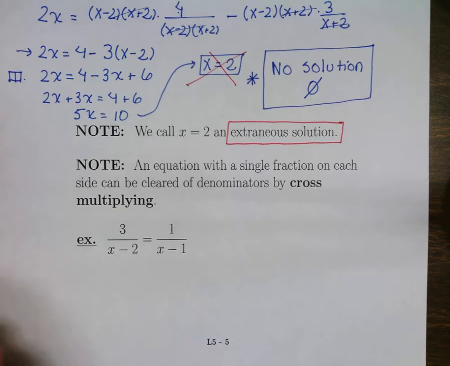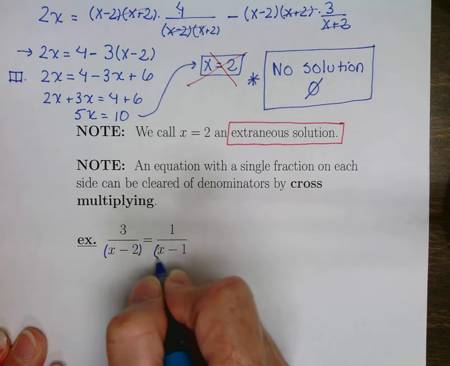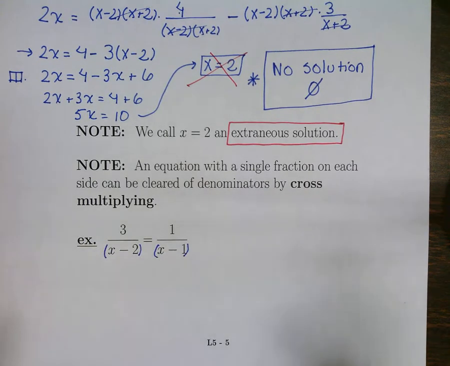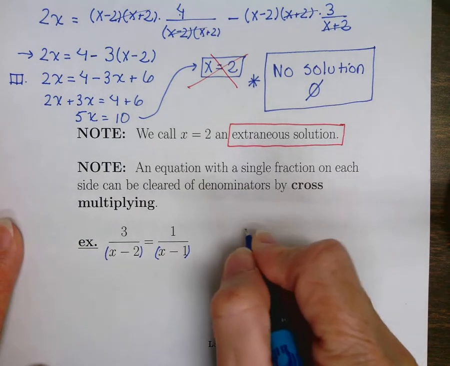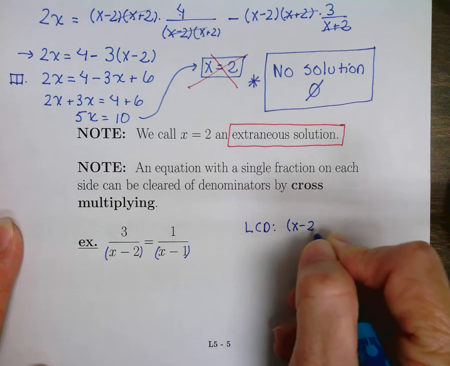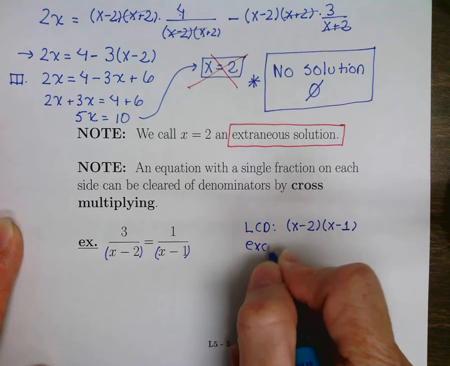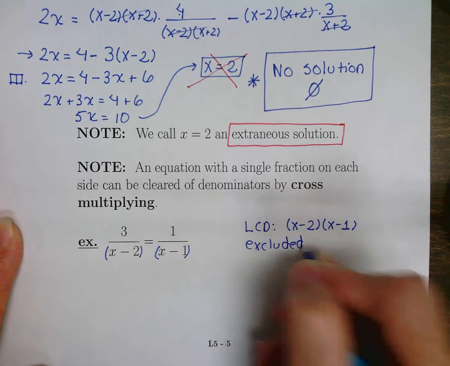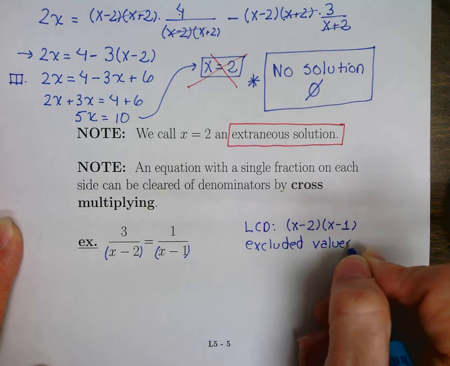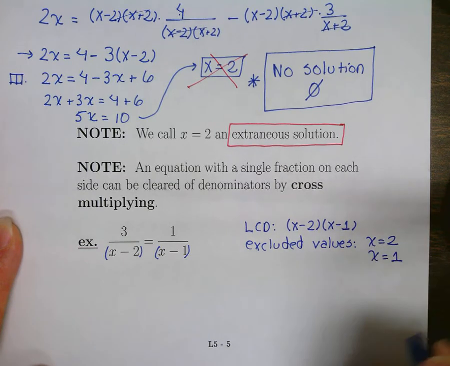Okay, one last example of clearing fractions is if your denominators are single factors and there's only one term on each side, then we can use cross multiplying. And the reason we can do that is that here the LCD is just the product of those two denominators. Notice our excluded values are x equals 2 and x equals 1.